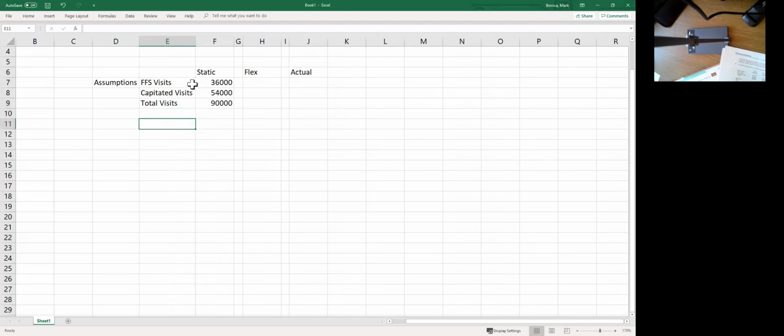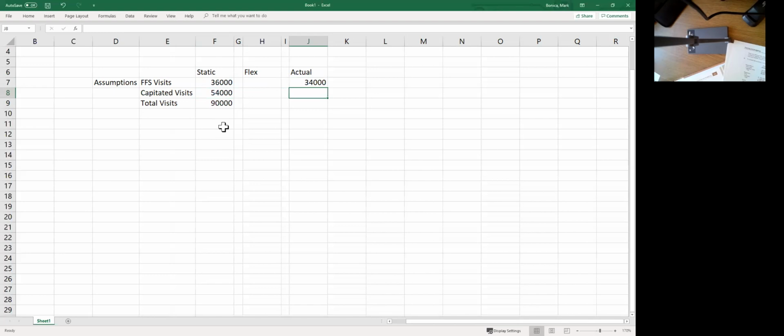So our assumptions here: we'd have 36,000 fee-for-service visits, 54,000 capitated visits, total of 90,000 visits. Now going to the problem, the problem gives us the actuals. It turns out the actual number of fee-for-service visits was 34,000.